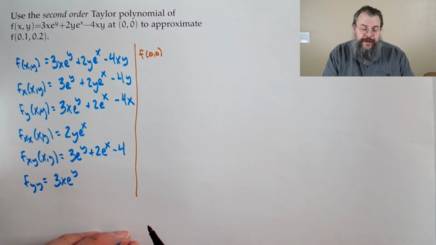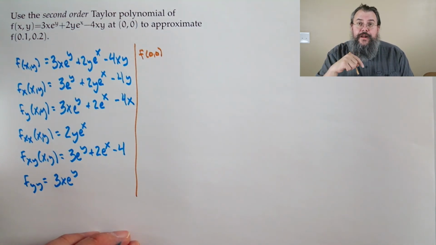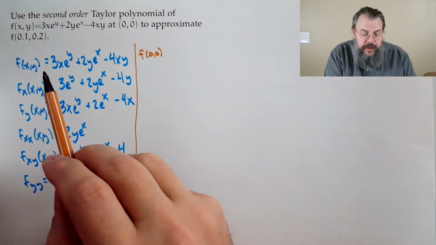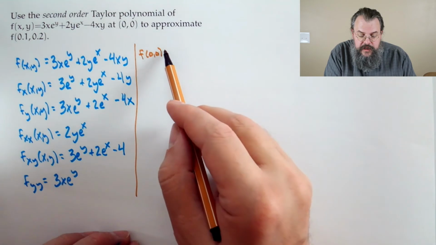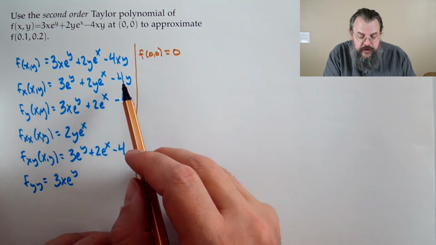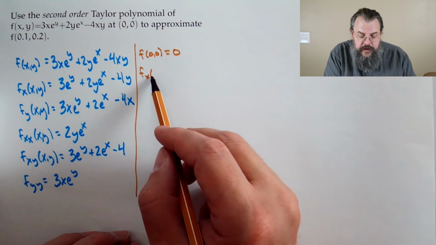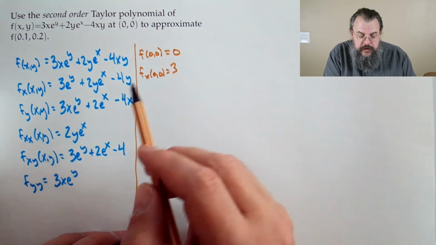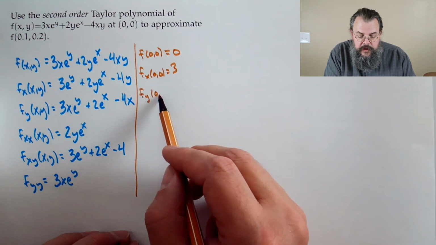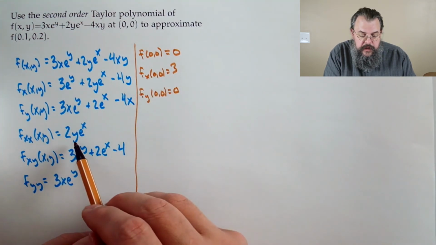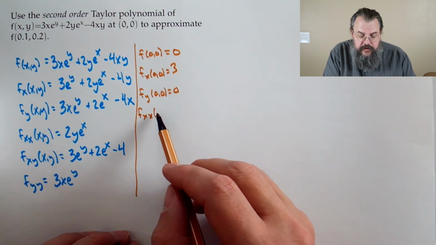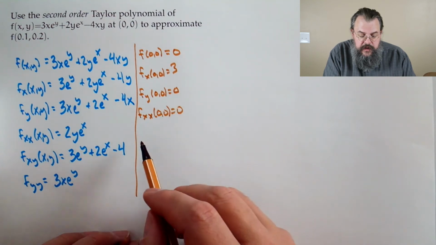Pretty much anything that has a variable in it knocks the term out. e^0 is 1, so we're going to get f(0, 0) = 0. f_x(0, 0) = 3. f_y(0, 0): 2. Here, that's 0. That knocks that term out. f_xx at (0, 0) is 0.